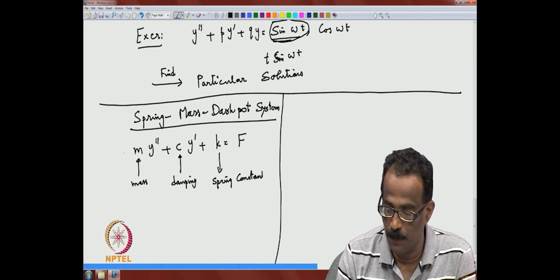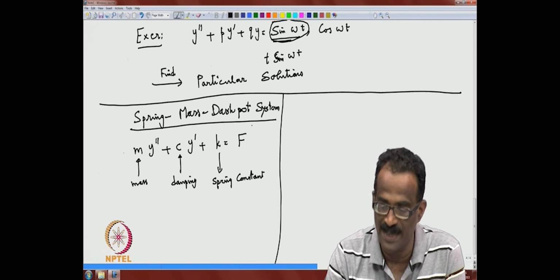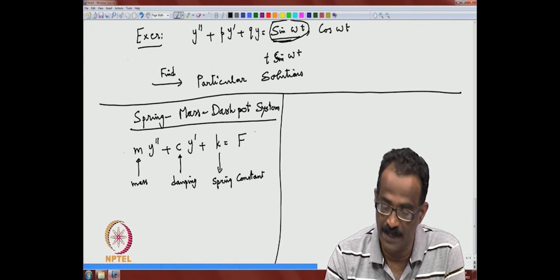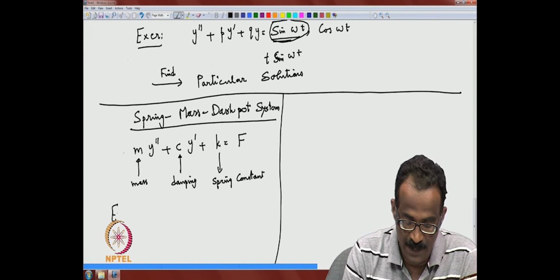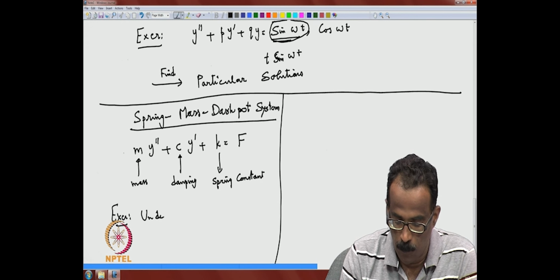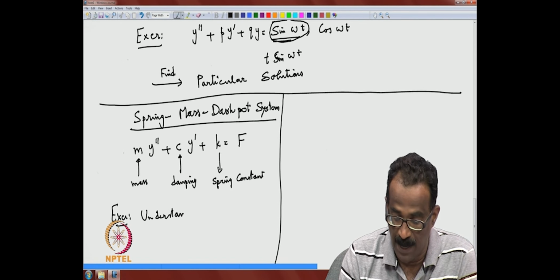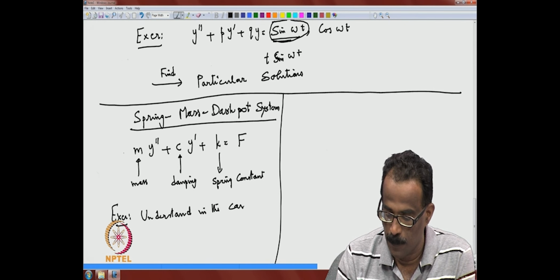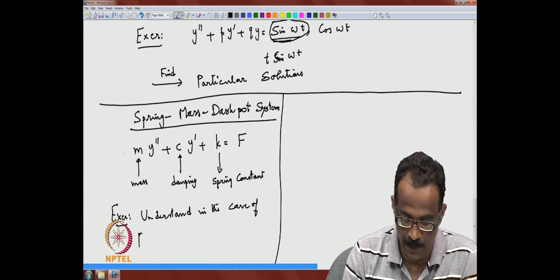What I would like the students to do when they read this is to try to understand this equation, even in the case of exercises, in the case of an RLC circuit.